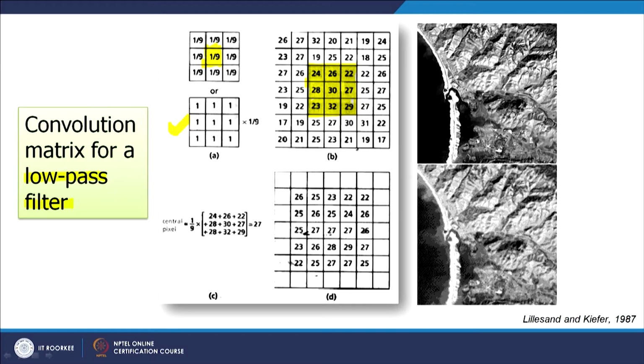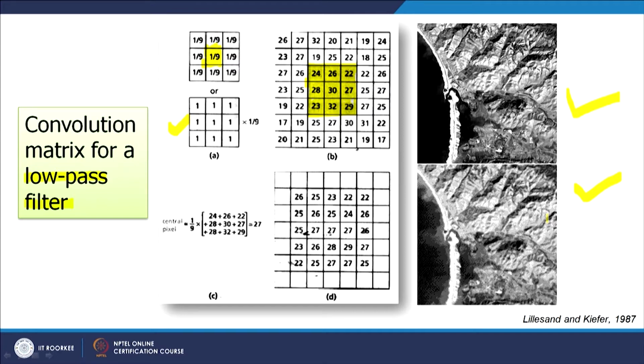It will create an average value using the surrounding pixels for the center pixel, which in this example has the value 30. By this it will smoothen the image, and as a result you can see at the bottom the input image, which has been subjected to low pass filtering, and more smoothening has occurred after this filtering.